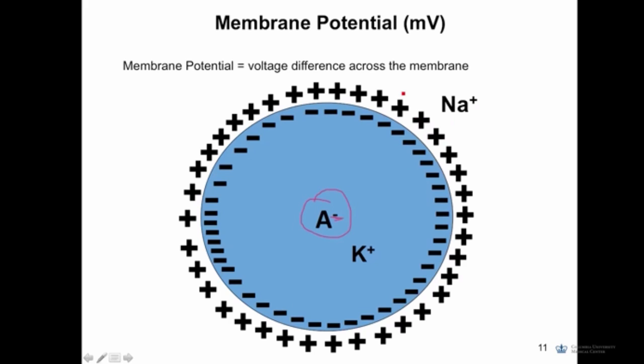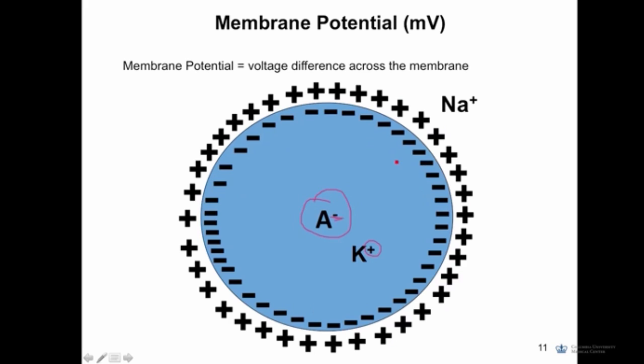So when we look at an average cell, even though we have lots of potassium inside the cell, which is positively charged, the number of amino acids and proteins are so overwhelmingly large that the inside of the cell tends to have a net negative charge, and the outside of the cell tends to have a net positive charge.